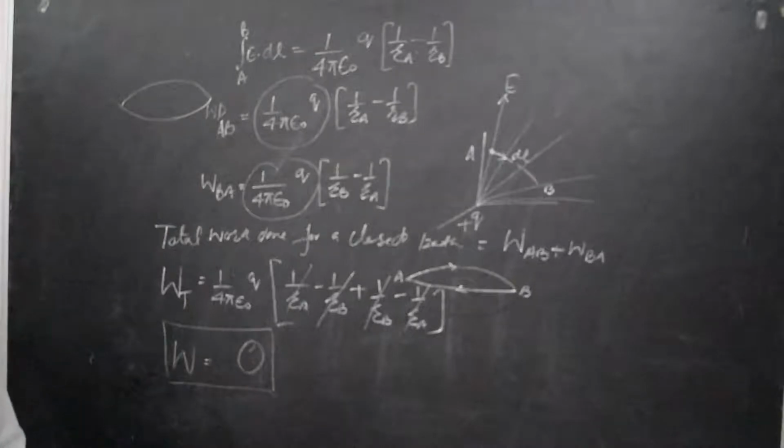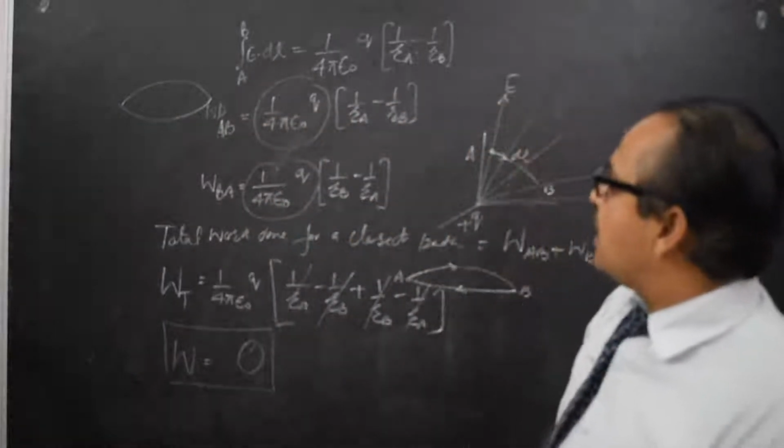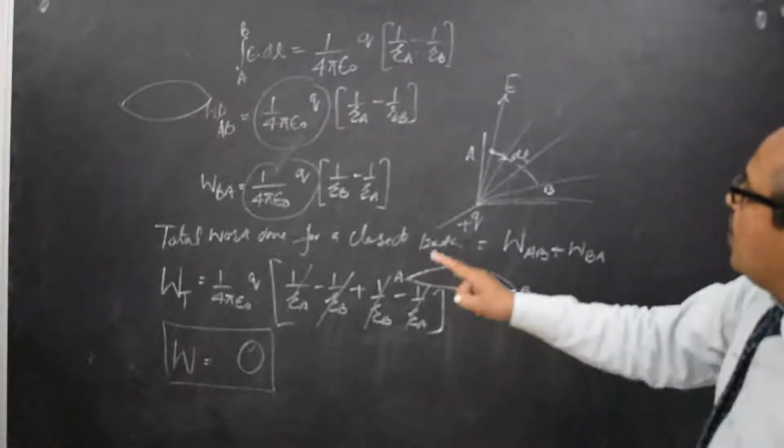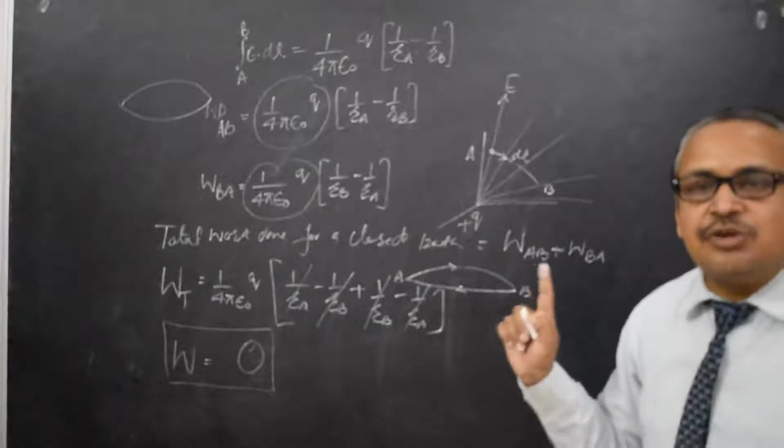We find that the line integral of an electric field along a closed path is 0. The work done, or the line integral of an electric field along a closed path, is 0.